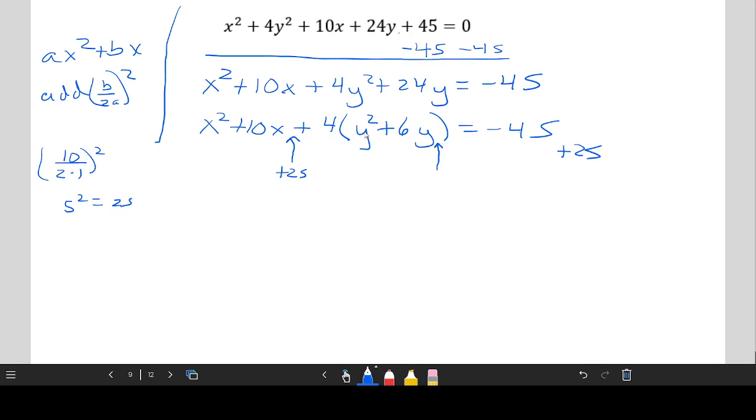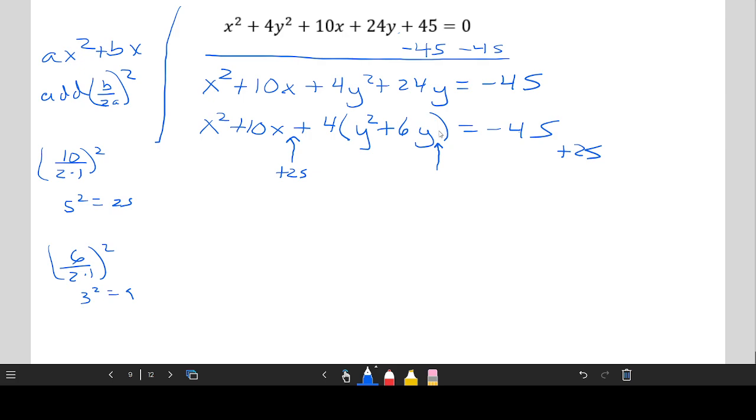And then here we have for the y part, b is 6, that's the coefficient on the linear term, and then the coefficient on the squared term is 1. We're just looking inside the parentheses for this. So 6 over 2 times 1 squared is going to be 3 squared, which is 9. Now here's where we need to be careful.